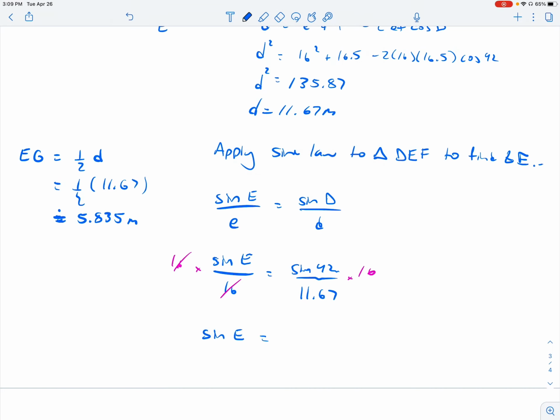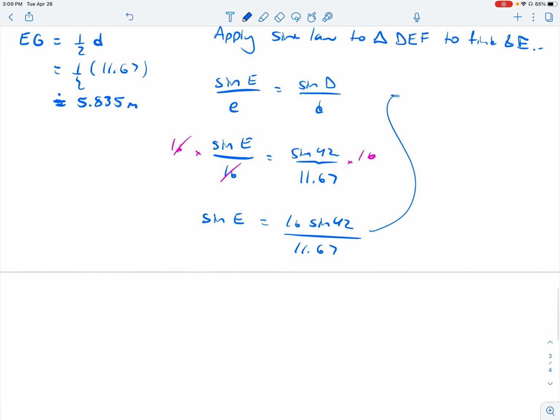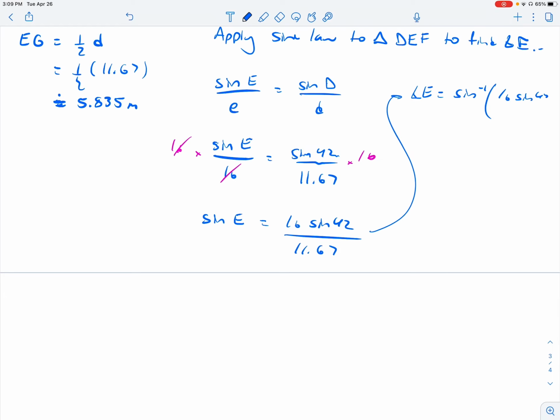So we have sine E equals 16 times sine of 42 over 11.67. So angle E is going to equal sine inverse of 16 times sine of 42 over 11.67.